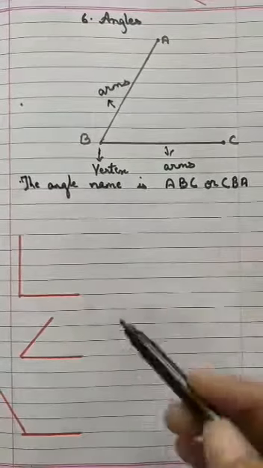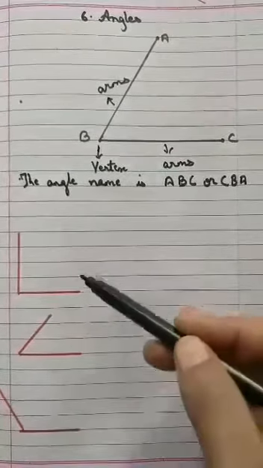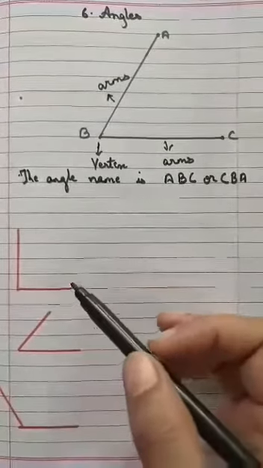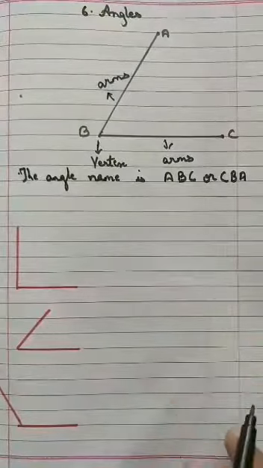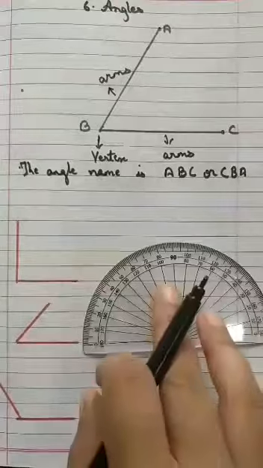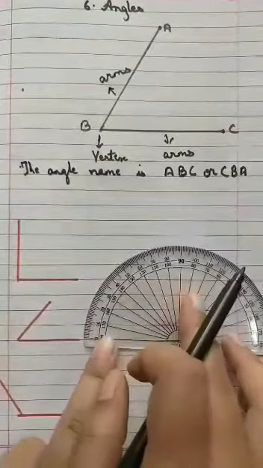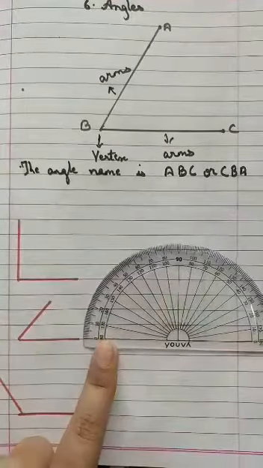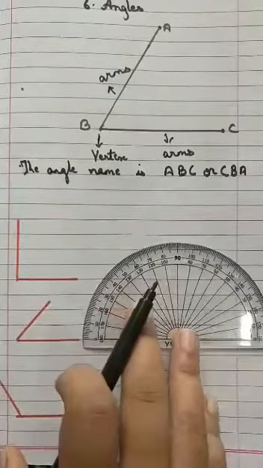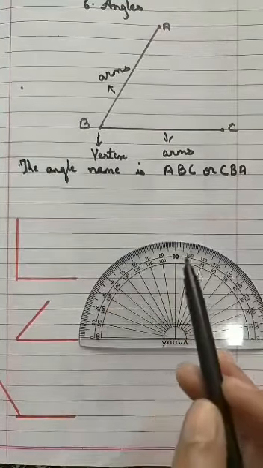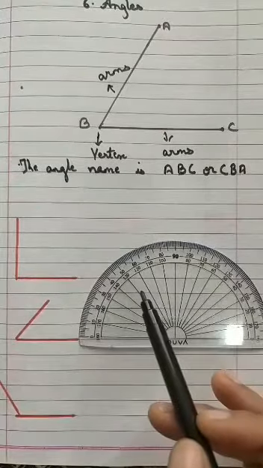Understood? Now see here, I have drawn three angles. First I'll show you one thing. This is the protractor. What do we call it? Protractor. To draw any angle, we have to take the protractor. See here, the numbers are given.